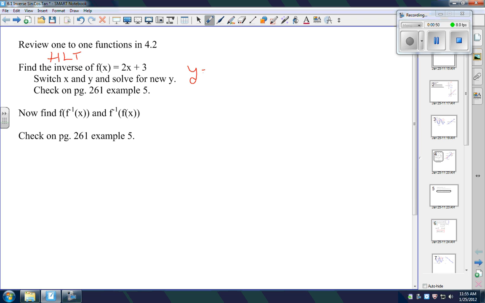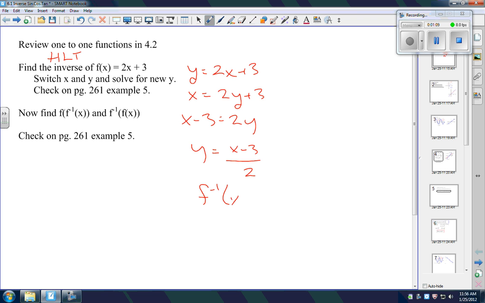So we'll find the inverse, like you guys did in college algebra. So we'll switch the x and the y. We'll solve for this new y. And then we'll write it with that inverse notation.